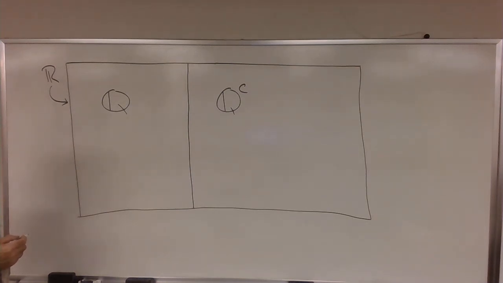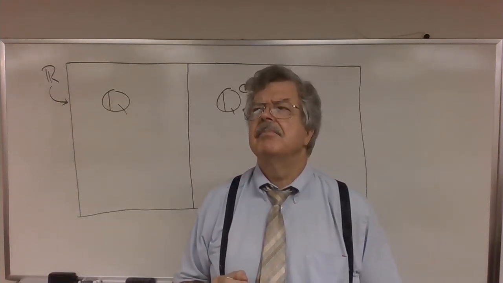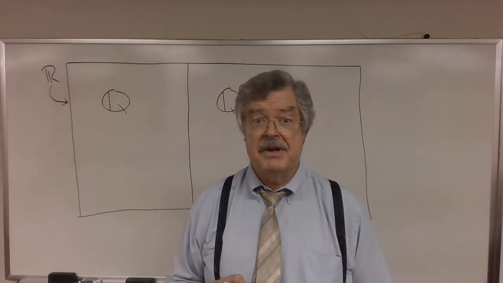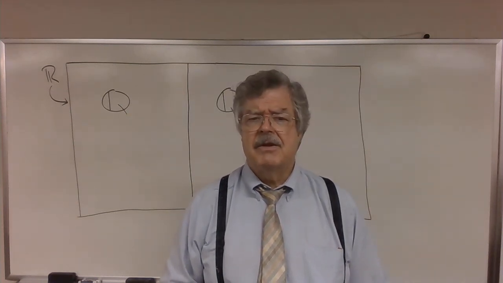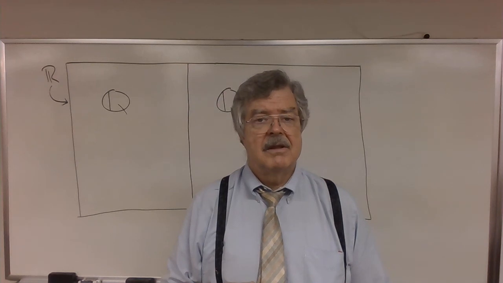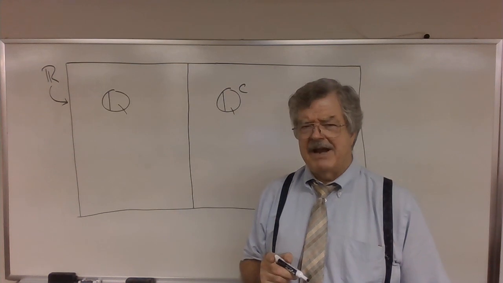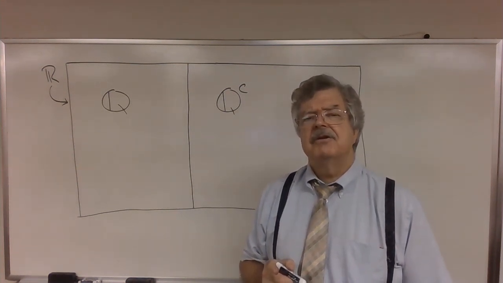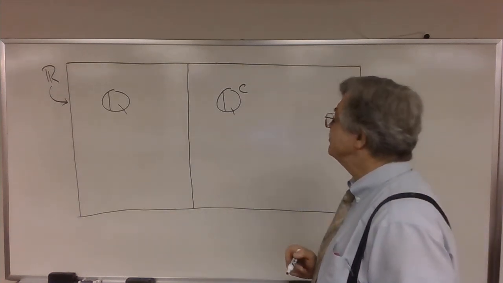But let's see. Every integer is a rational number, isn't it? For example, 3, we can write that as the quotient of integers, can't we? We can write it as 3 divided by 1. So every integer is a rational number, because we can write that integer as itself divided by 1, the quotient of two integers.